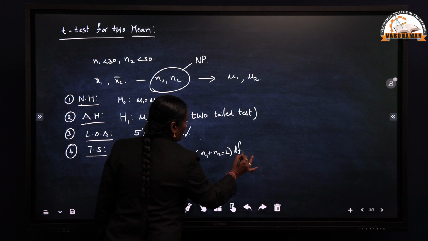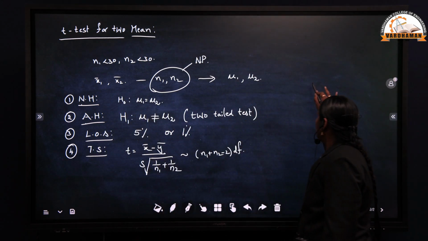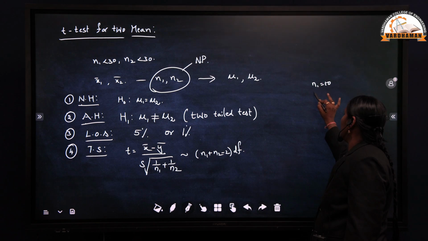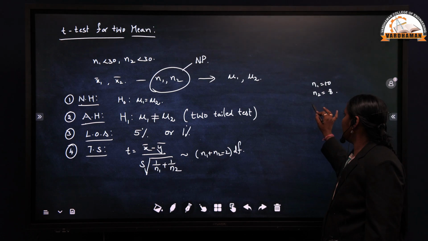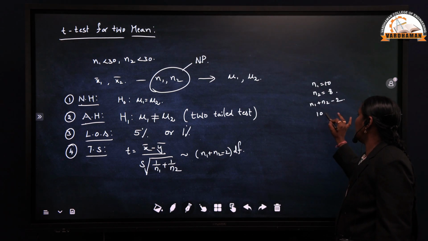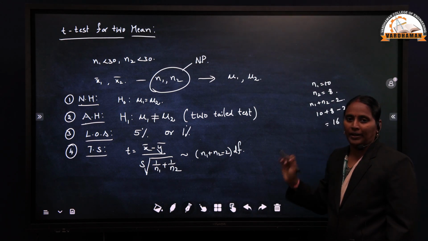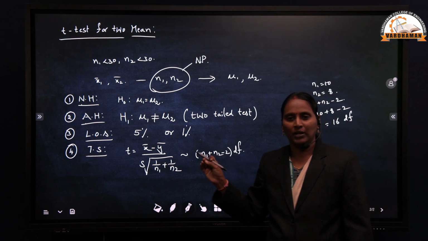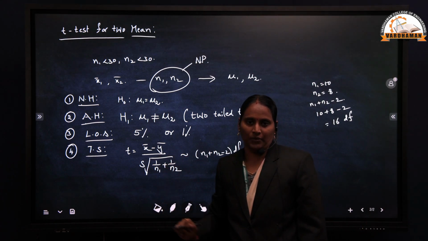For example, if n1 equals 10 and n2 equals 8, the table value is at n1 plus n2 minus 2 degrees of freedom, that is 10 plus 8 minus 2, 18 minus 2. We have to follow 16 degrees of freedom at 5% level of significance or 1% level of significance. We are going to conclude our given problem.